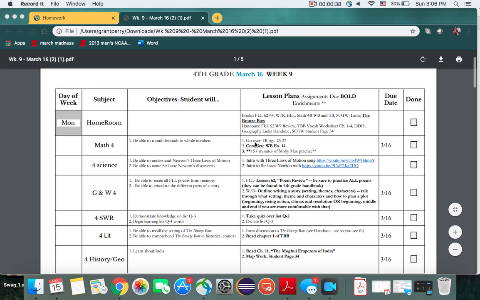So, math, pretty straightforward. There are some textbook pages to look at about rounding decimals to whole numbers. Think about if you have a number with something in your ones place, then a decimal, and then a number in your tenths place.